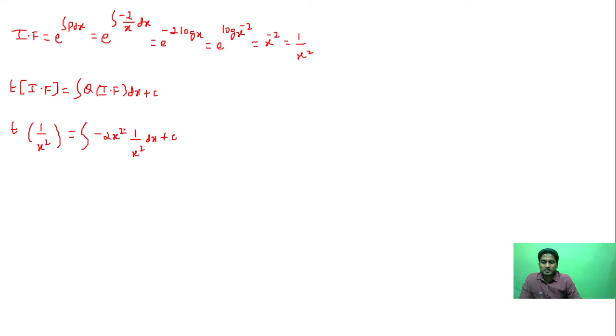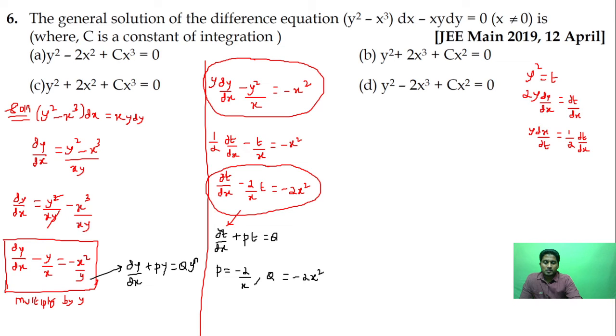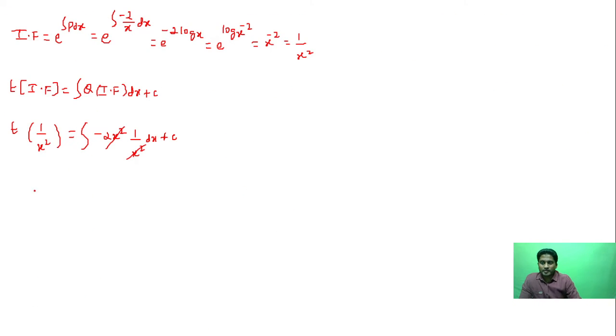The x square will cancel with x square. The value of t I took as y square, so this is y square upon x square is equal to minus integration of dx, which is x, plus c.